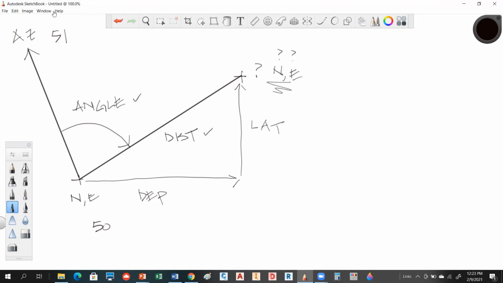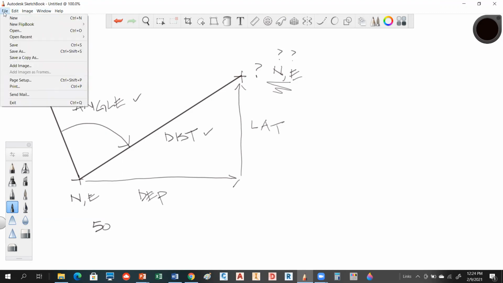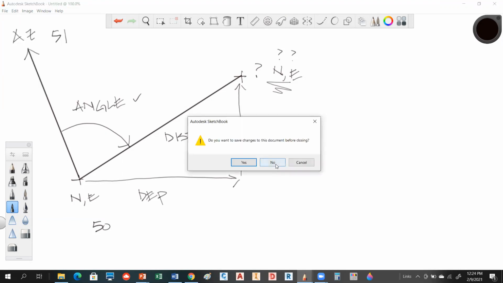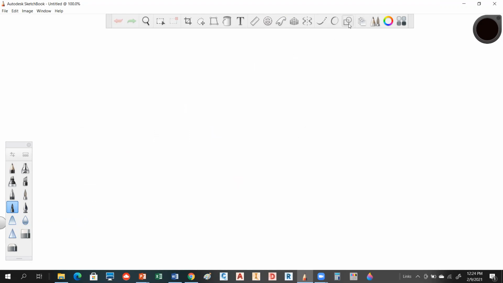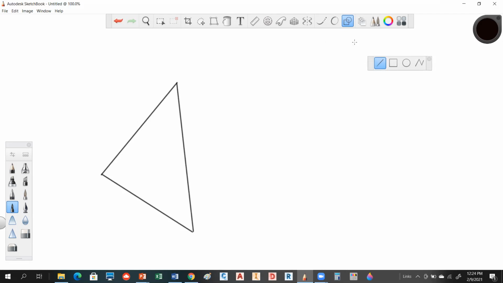In any typical project where you have control, give me a sec here. So we have control. Let's say we got a control point here, and a control point here, and a control point here. So let's say this is control point 1, 2, and 3.